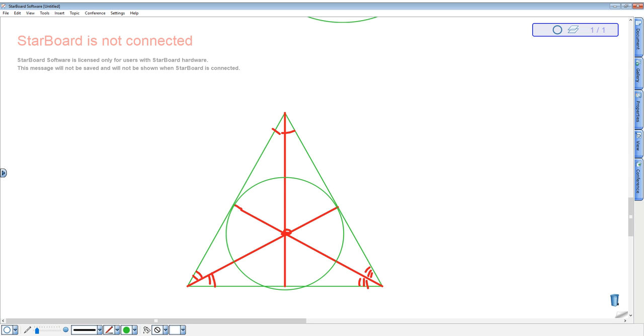So the incenter would go right over there, and it would tell you that the distance from here to the point where it touches the circle here, or from the point of concurrency to where it touches the circle here, or from here to here where it touches the circle, all of them are the exact same.